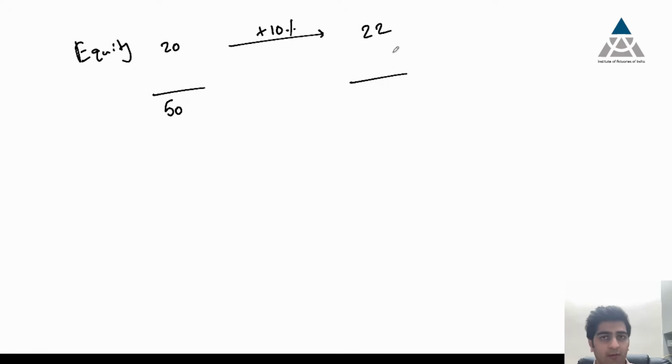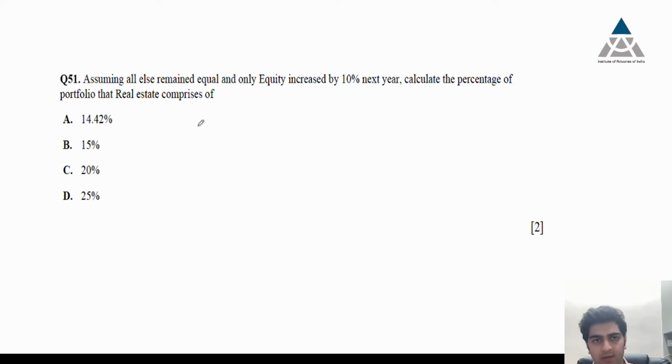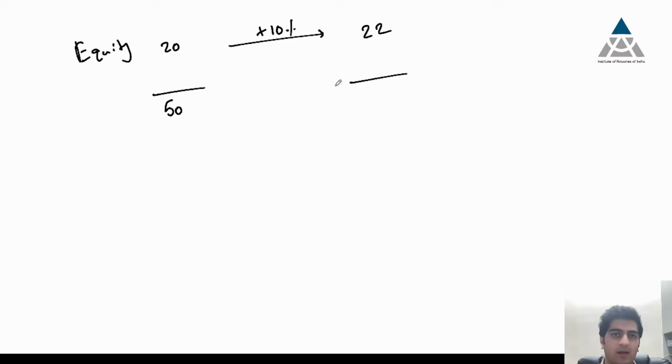A common mistake would be to calculate 22 as a percentage of 50, which would obviously be wrong, or rather the real estate component over 50, which would again be wrong. What you need to do is, obviously, if your equity has increased by 2 lakhs, your total portfolio will also increase by 2 lakhs, and you have a total portfolio now of 52 lakhs.